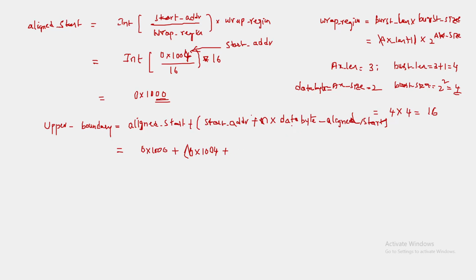Here data bytes is 16. Suppose you are taking the first byte, then you need to consider this 16 here. Upper boundary is the 1000 value, and then we get n into number of bytes, data bytes. Aligned start is 1000.